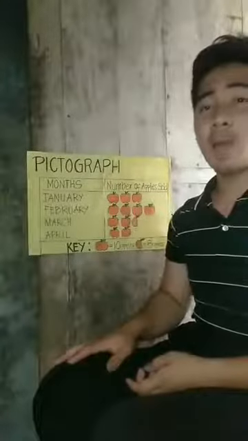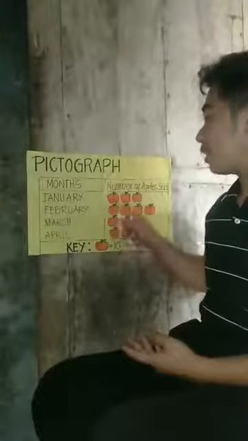So the data representation here was that in the month of January, there were only 30 apples sold because one apple picture represents 10 apples. So 10 plus 10 plus 10 equals 30.